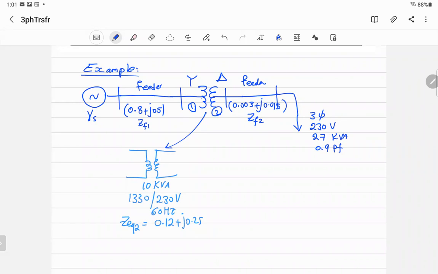And that's the requirement of the load. The consumer side says I want this voltage at my load, I want this power, with this power factor, everything. So they ask the utility to adjust the system so they can get the requirement of the load. So what's required is to find the voltage of the source that will satisfy the requirement of the load. That's a very simple question. So determine VS.